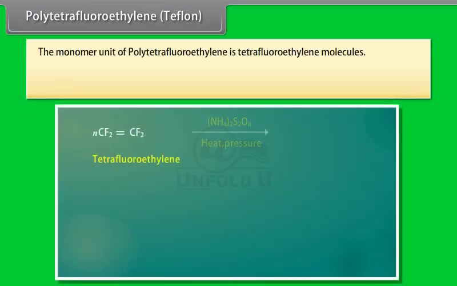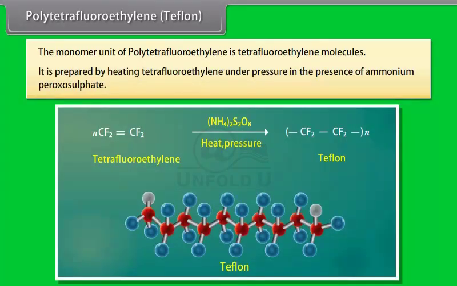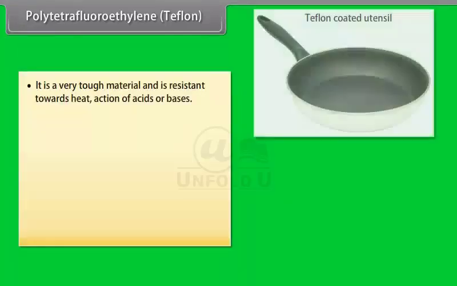Polytetrafluoroethylene, Teflon. The monomer unit of polytetrafluoroethylene is the tetrafluoroethylene molecule. It is prepared by heating tetrafluoroethylene under pressure in the presence of ammonium peroxosulfate. It is a very tough material and is resistant towards heat and the action of acids or bases.